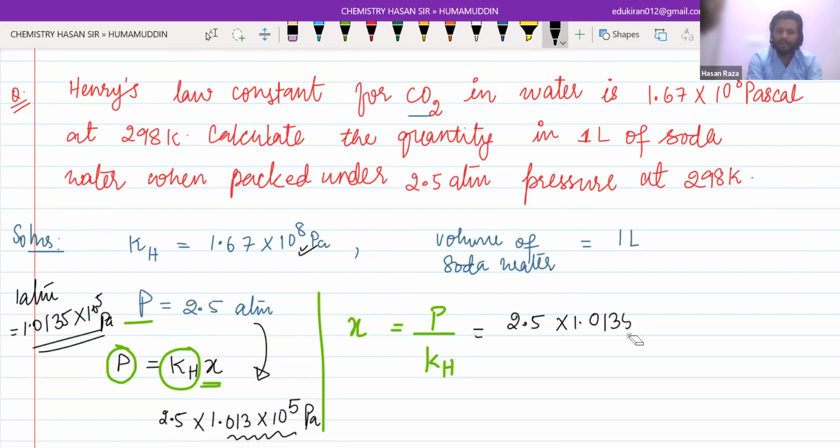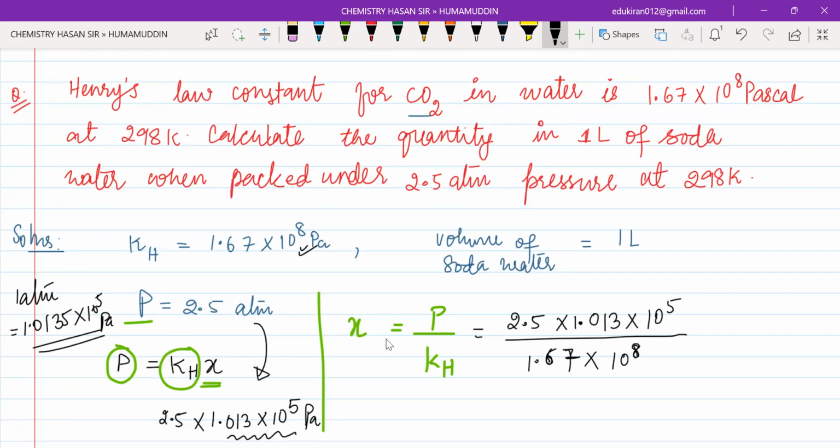So you are going to remember this conversion, it's very important. Divided by KH, which has a value 1.67 into 10 raised to the power 8. Are you getting my point? Yes or no? Yes. Everyone? Yes.